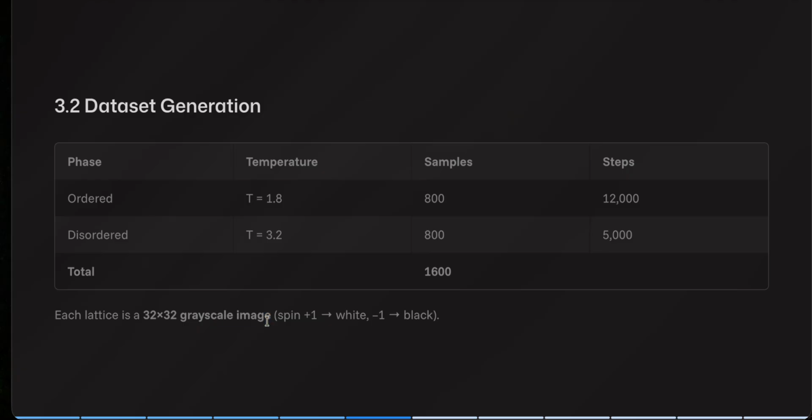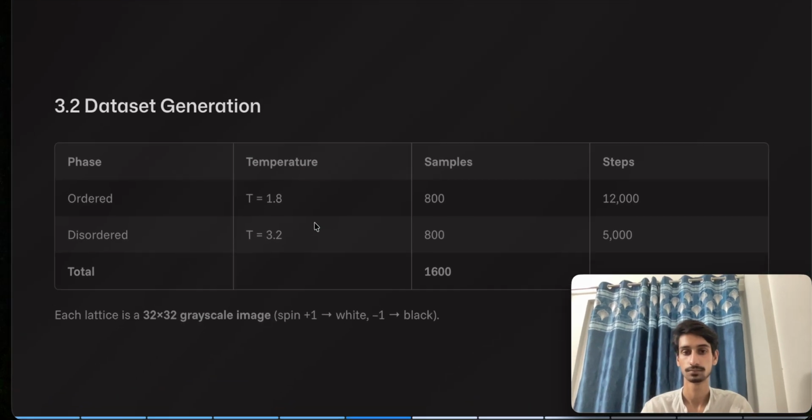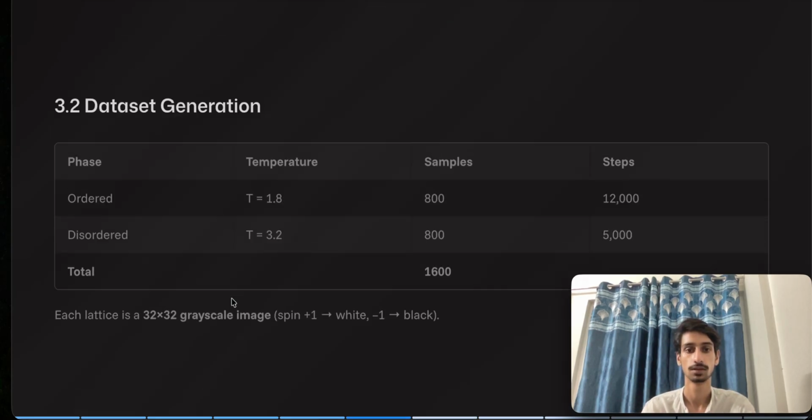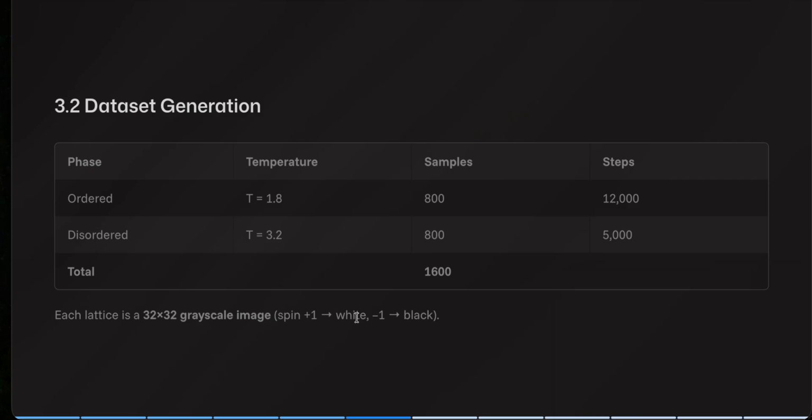This is the CNN architecture. Here spin plus 1 is white and minus 1 is black.